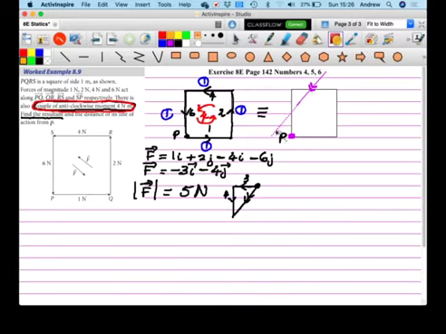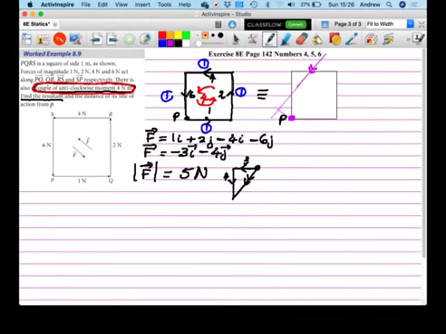It has to be a perfect perpendicular distance. So I'm doing that by eye. I hope that is roughly right. When you're using your ruler, just make sure that you've got a proper right angle in there. And we're going to call that distance D, and that's what we're trying to calculate.